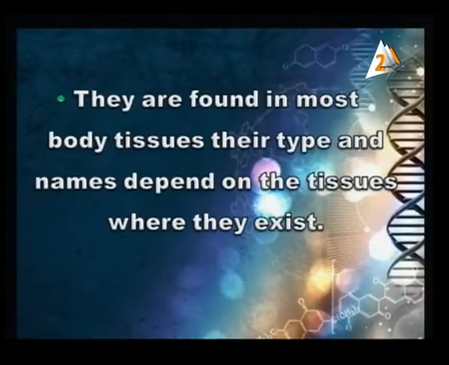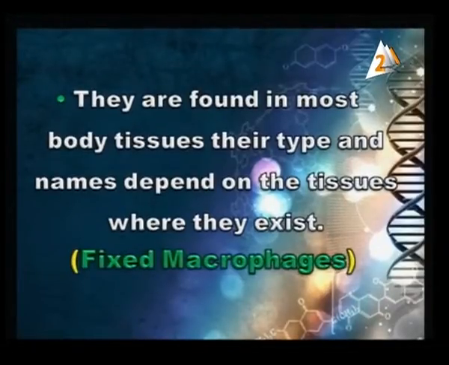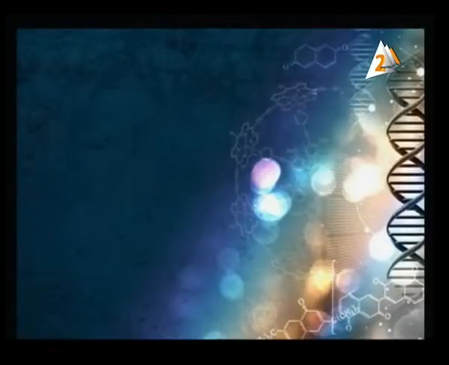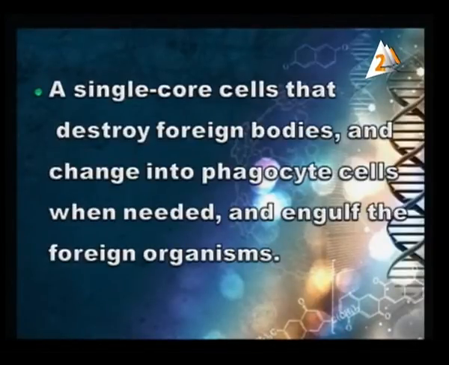Number 3. They are found in most body tissues. Their type and name depend on the tissues where they exist. Very good, fixed macrophages. Number 4. Single-nucleus cells that destroy foreign bodies and change into phagocyte cells when needed and engulf the foreign organisms.